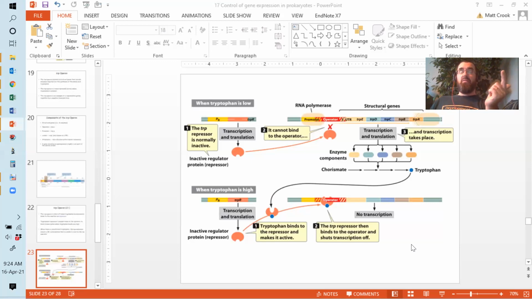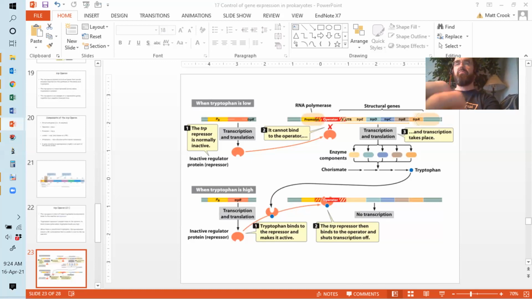Okay. And whether it can or cannot is going to determine whether or not the RNA polymerase transcribes the trp operon. Okay. So we've got a bunch of steps here, and I'll kind of write them out so that we have them up in front of us.